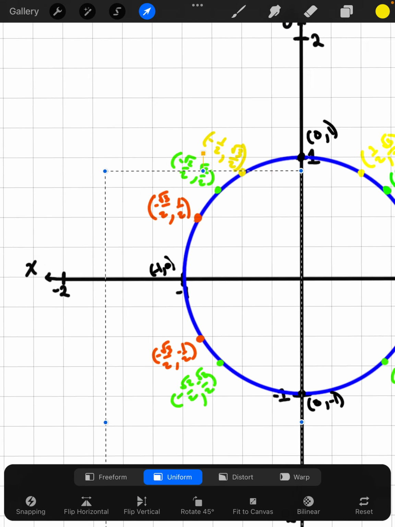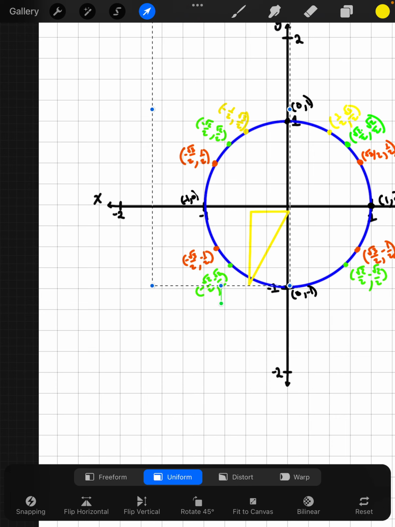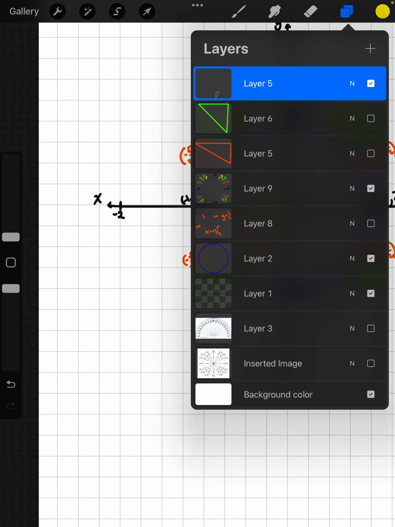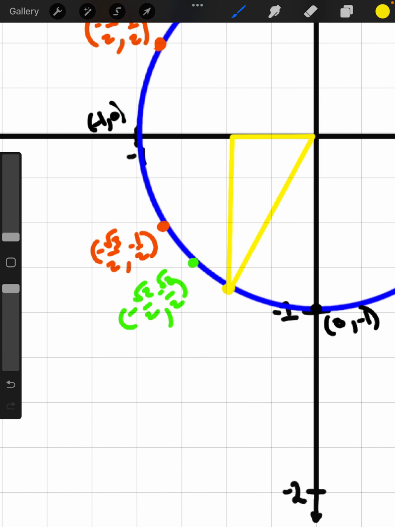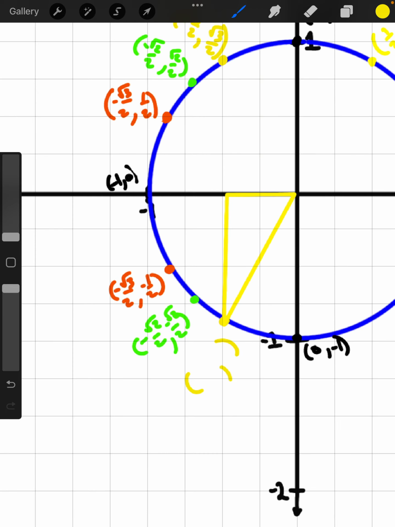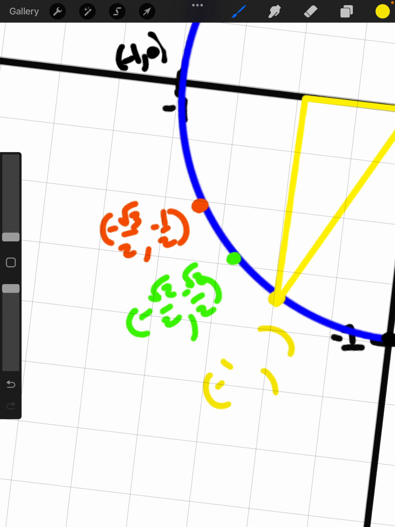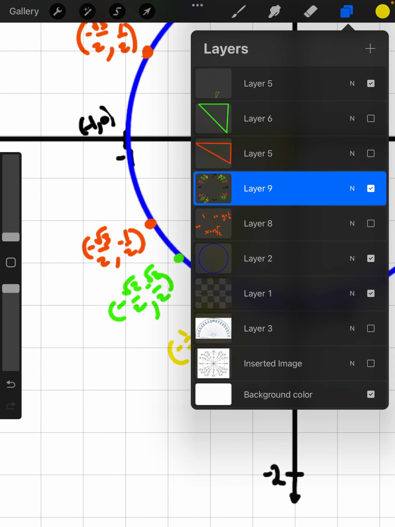Then I take the triangle, move it around. Again, if I was better at drawing, this would match up a little bit better. Plot my point. And then this time, my coordinates are still 1/2, square root 3 over 2, but now they're both negative, so negative 1/2, negative square root 3 over 2.